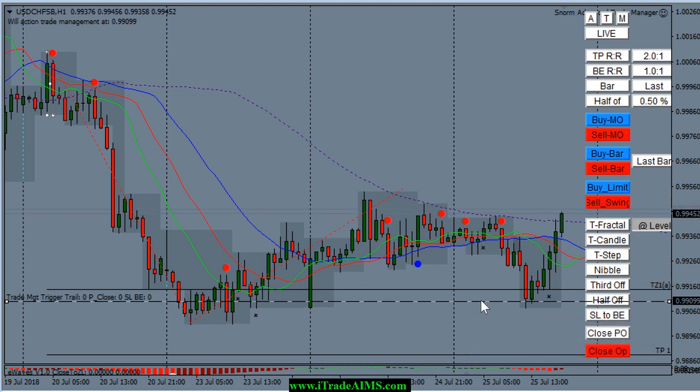So I will say at this line, I want you to bring stop loss to break even. So it will say stop loss BE 1. I can even say at, say half off. So what it can do is that it will close half, and it will bring stop loss to break even. Well, I won't do that, but this is what I would do.